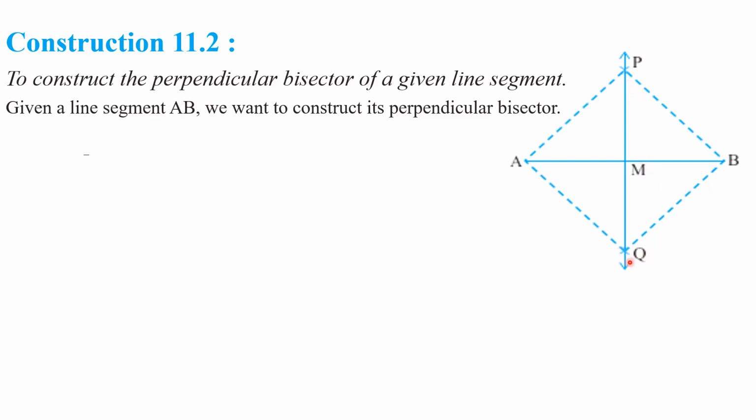Taking A as center, draw an arc here and here, and taking B as center with the same radius, cut these arcs. Then these two arcs intersect at a point, and the other two arcs intersect at a point. Now join these two points. We get a line, which is the bisector of the line segment AB.